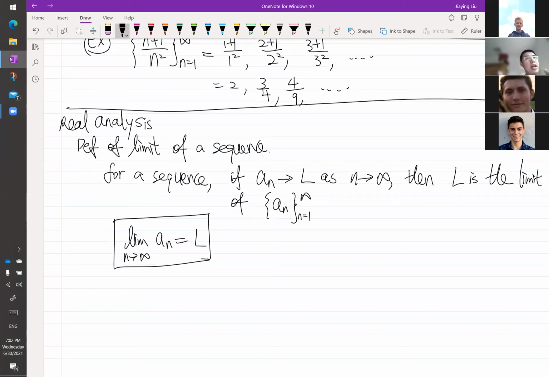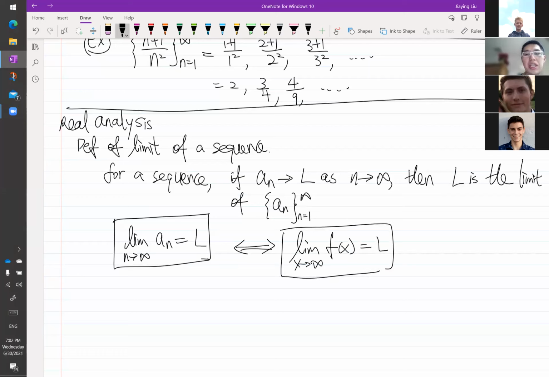You can think about an as sort of the formula for the elements in the sequence. It's kind of like an f of x, right? So try to relate this to limit as x goes to infinity of f of x equals L, or something like that. The n is the input here.